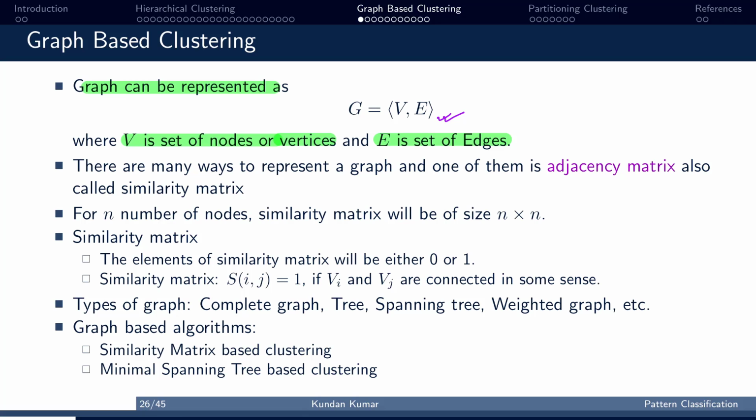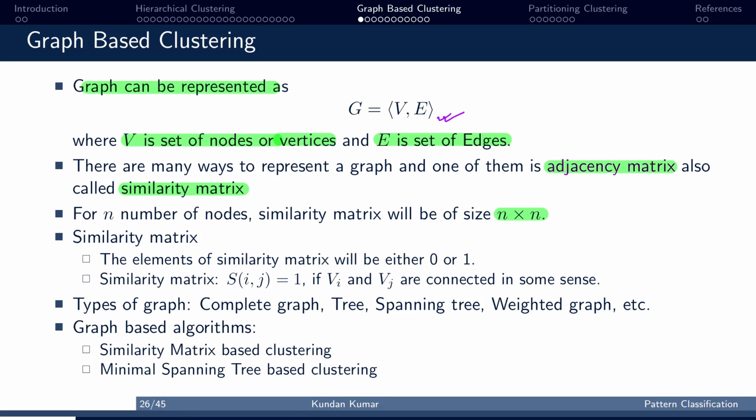There are many ways to represent a graph, and one of them is the adjacency matrix, which is also called the similarity matrix. If we have n nodes in a graph, then the dimension of the similarity matrix will be n cross n, and the elements of the similarity matrix will be either 0 or 1. 1 shows that the vertices are connected and 0 shows that the vertices are not connected.